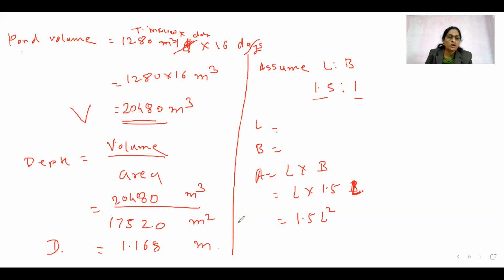And area we have already calculated, it is 17520. From that we can calculate L in meter. If you know L and area, you can put the values in this formula and determine B. Firstly, calculate this first.